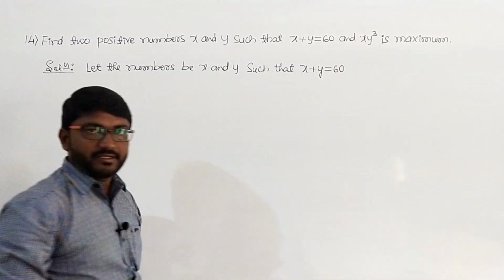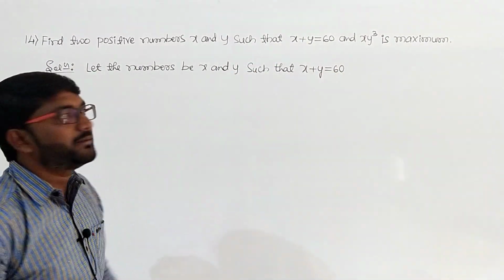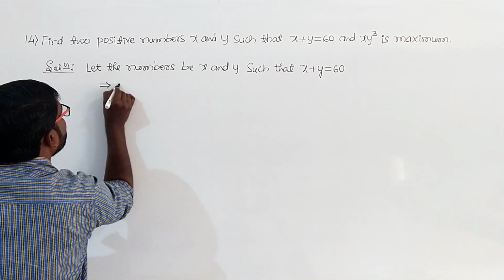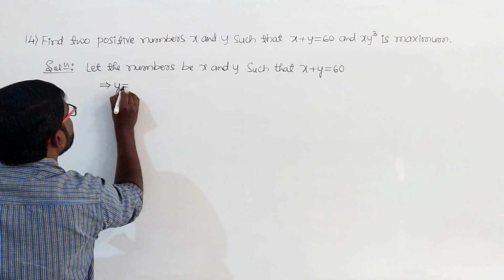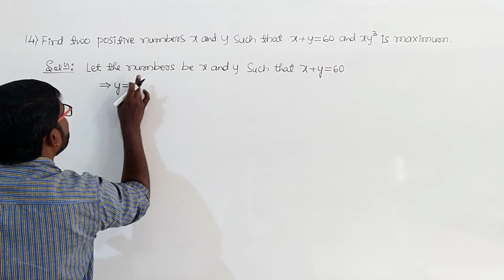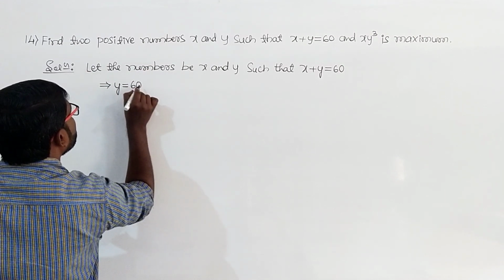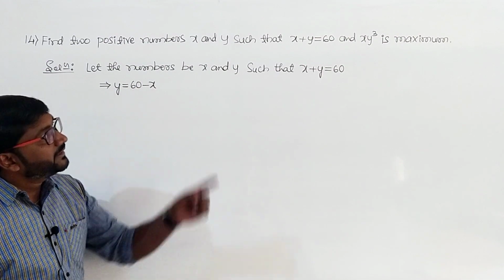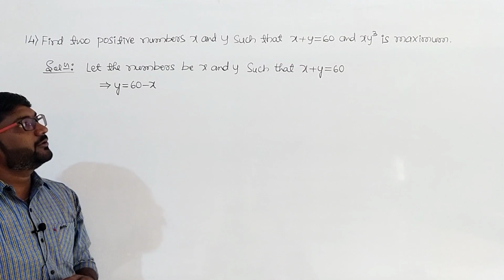That means from this, y equals 60 minus x. And here he has given x into y cube is maximum.